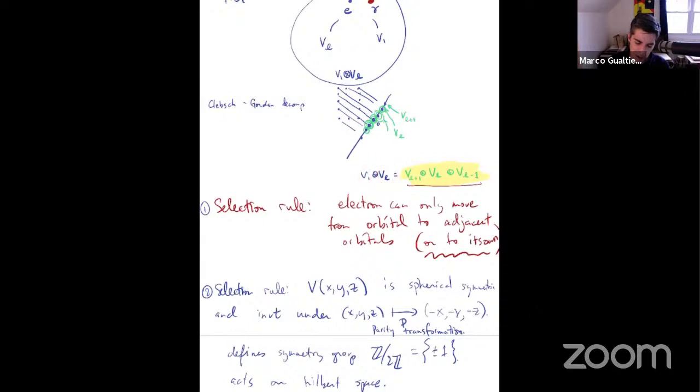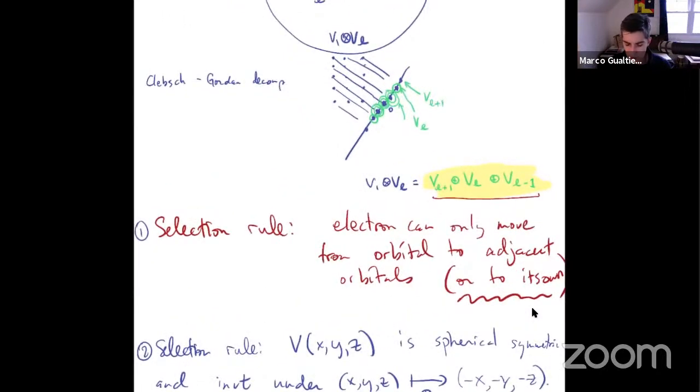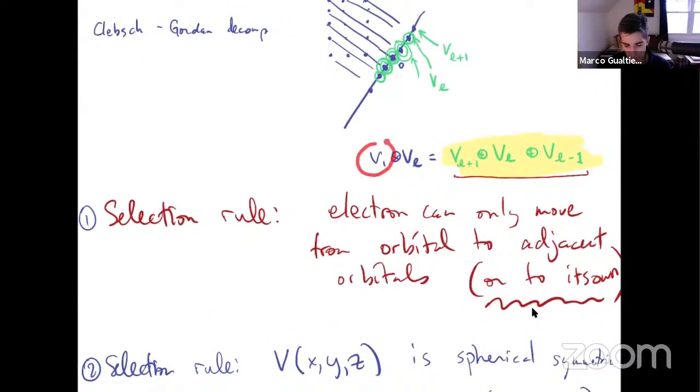Actually, no, maybe what I did was right. If I look at V1, this is the vector representation of SO3. So we have X, Y, and Z. It's just the usual three-dimensional space.